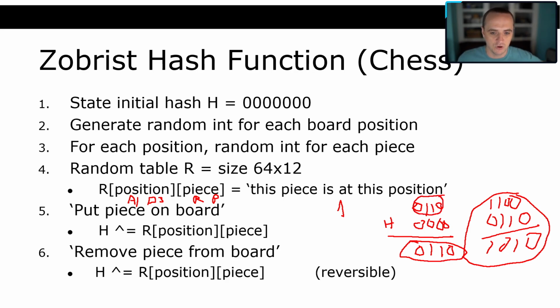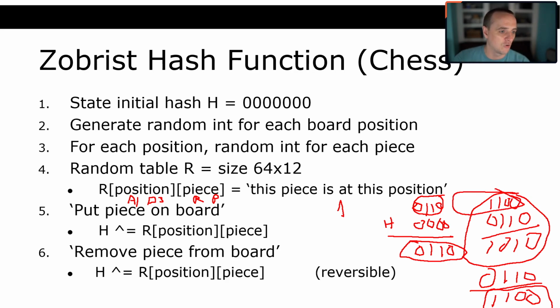If we take the rook off the board, we're just XORing it back with this, and we get 0, 0, 1, 1. And now we have the value for there only being a pawn at D3, which was the initial value that we had up here. Now, I'm completely oversimplifying this because these should be like 32-bit, 64-bit random numbers.